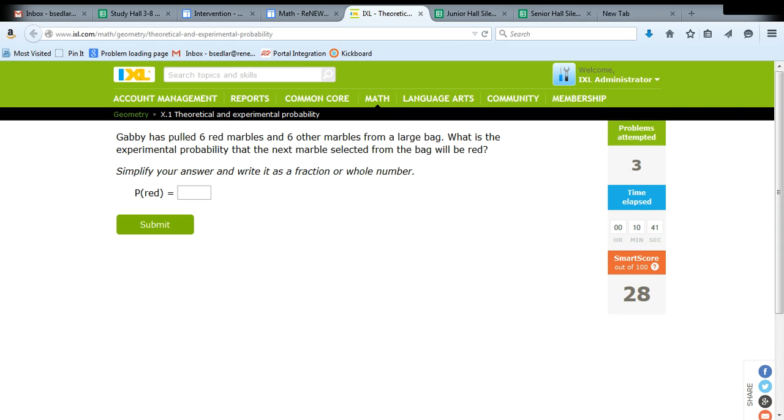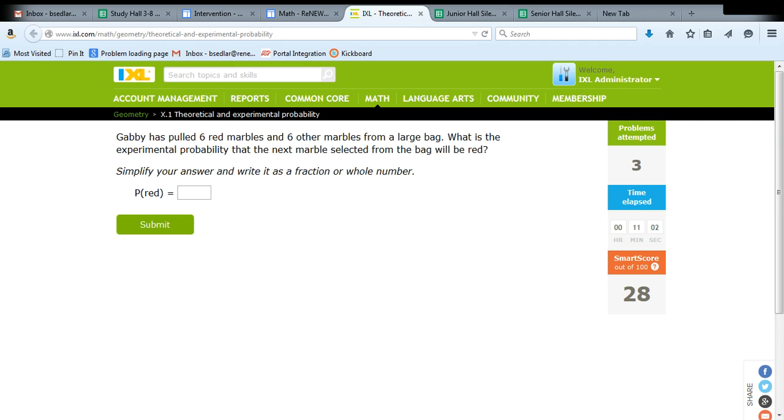So go ahead and ignore all of this for now. Let's go back to that example with the coin. If I flip a coin 20 times, the theoretical probability is what I think is going to happen.